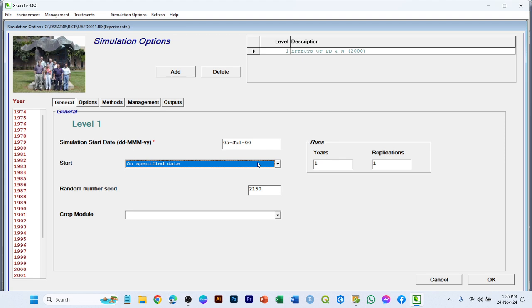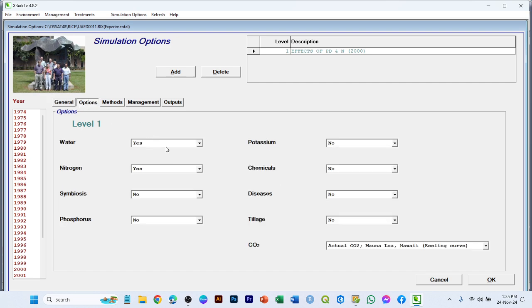So simulation options. Normally, because this is one experiment and one year, we have to write over here a simulation for one year and one replication, specifically for this experiment, not for others. Got it? So there are other options, for example water, for which we have to consider the level. Yes.